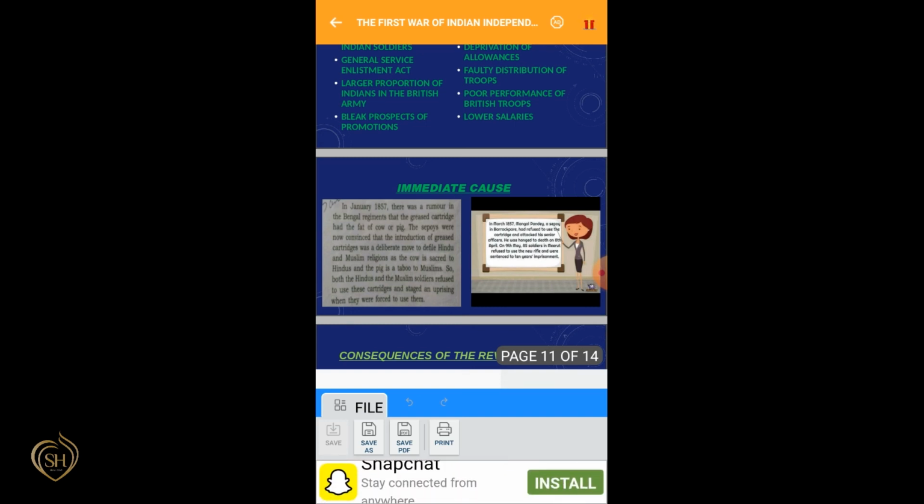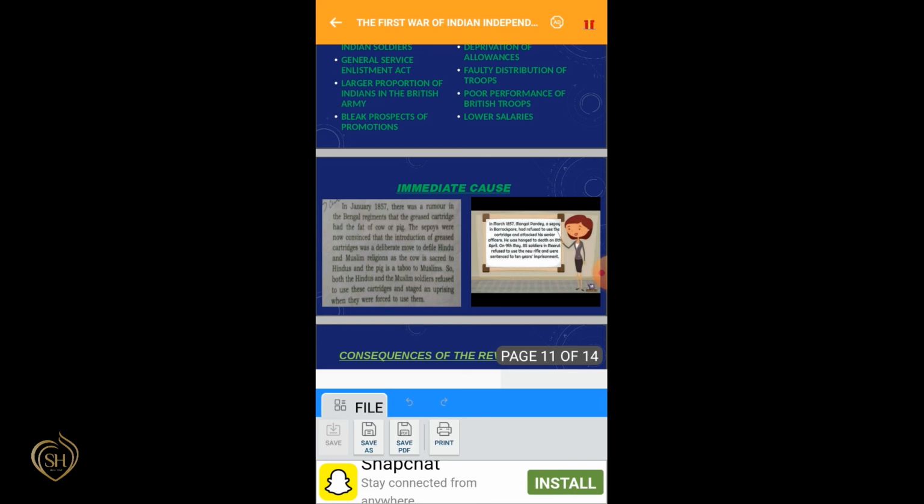So the sepoys in the British troop, both Hindu and Muslim soldiers, were not willing to use this greased cartridge, because before loading it, they had to bite it off.